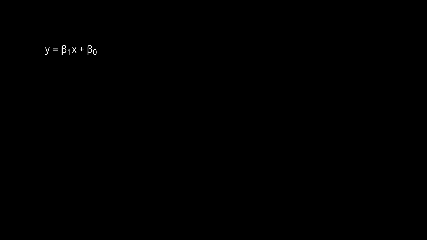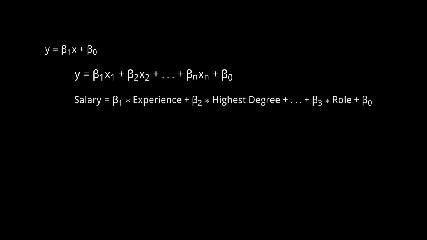In a multivariate setting, this equation would be rewritten as follows. Now you can think of it as we are trying to examine the relationship between salary and experience, the highest level of education, the university they went to, their role in your company, etc. There could be many more. So the coefficients of these independent variables represent the weight vector.